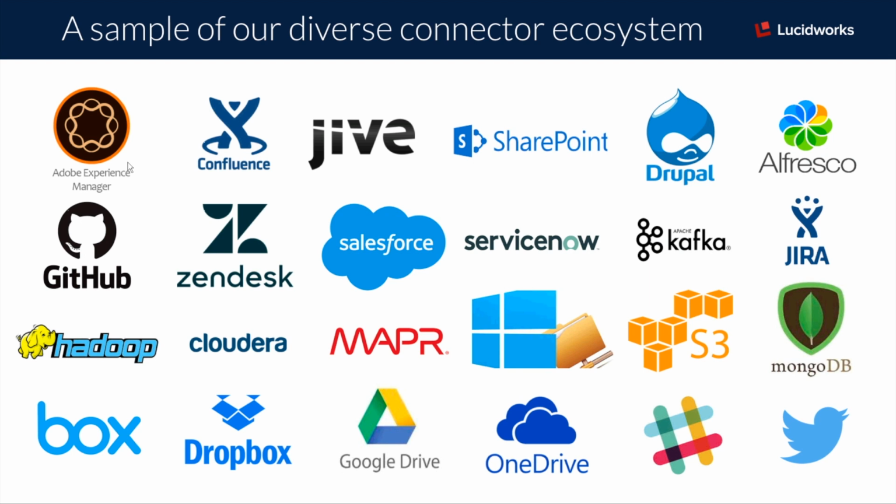Over here, I wanted to show you a small sample of our diverse connector ecosystem. We have significant experience developing integration points to over 60 disparate data sources. These range from complex enterprise content management systems like Adobe Experience Manager, Confluence, Drive, and SharePoint, cloud data stores like Box, Dropbox, Google Drive, OneDrive, stream processing systems like Kafka.